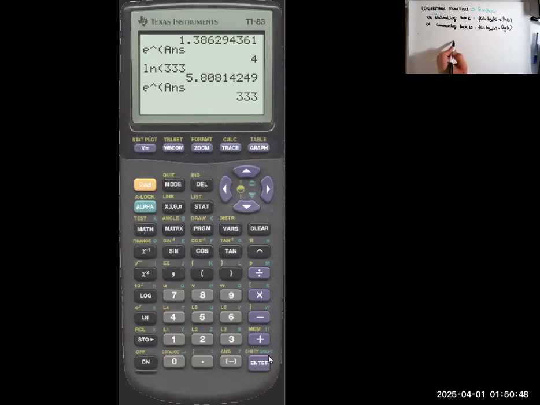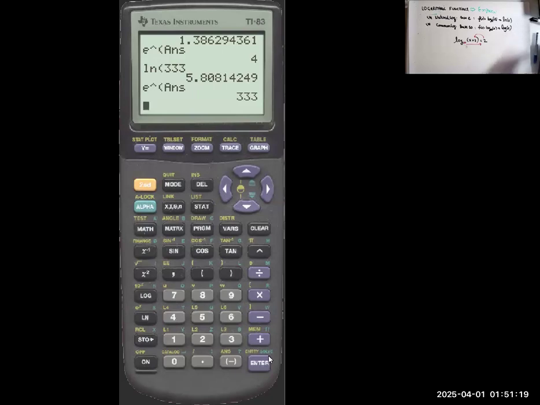If I have log of x plus 3 equals 2, how do I solve for x? Well, what's the base here? I know there's an invisible 10 here. So what do I do? I quickly convert to exponential. 10 to the 2 equals that.